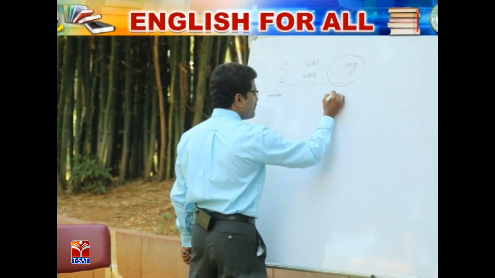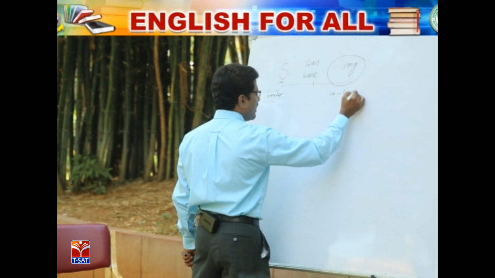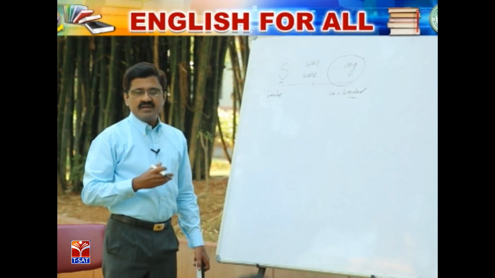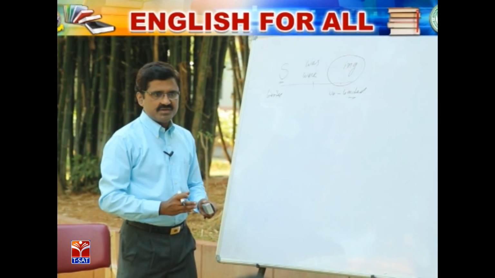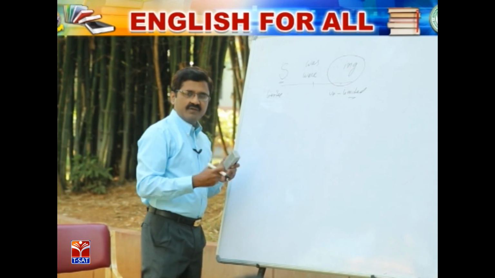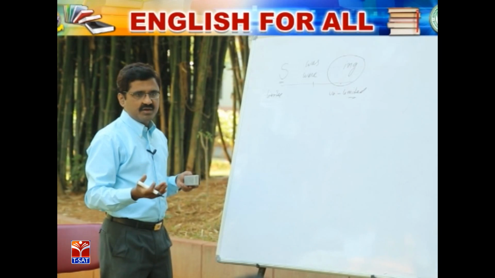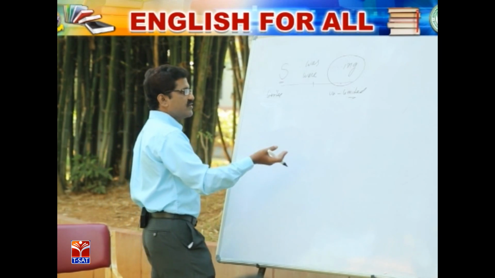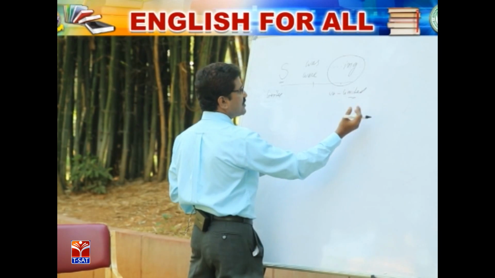But whereas ing forms, they are unlimited. Your progress always depends on ing forms. If you have 100 ing forms, you can make only 100 examples. If you have 1000 ing forms in your vocabulary, you can make 1000 examples. More than 1000, 10,000, 50,000, you can make more and more sentences.